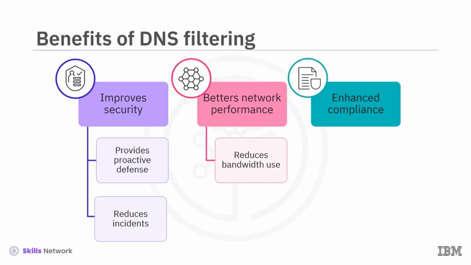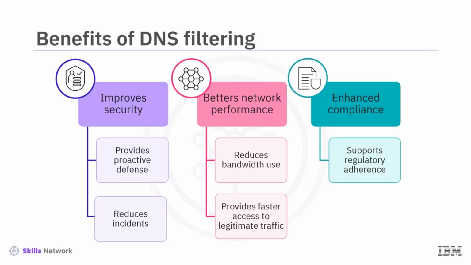With fewer requests to malicious or unwanted sites, legitimate network traffic can flow more smoothly, improving user access to company resources. DNS filtering supports regulatory compliance by preventing access to inappropriate content and ensuring safe internet use. Many DNS filtering solutions provide logging and reporting features, offering an audit trail for compliance verification.